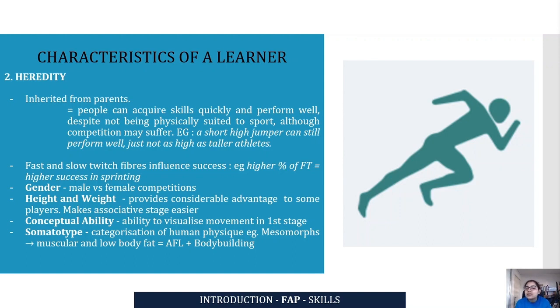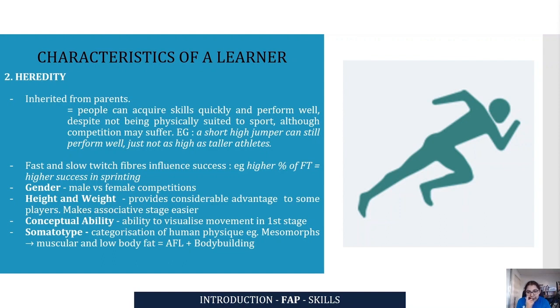Now, fast and slow twitch muscle fibers, which we have just looked at, can also influence success. The higher the percentage of fast twitch muscle fibers, the higher the success you would have in sprinting, because fast twitch muscle fibers are more suited to sprinting and explosive movement in comparison to slow twitch muscle fibers. Now, gender can also affect that, so male versus female competitions.